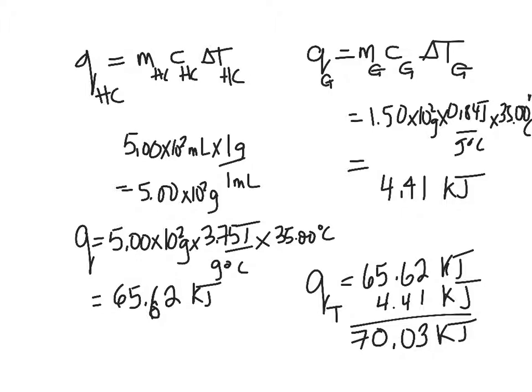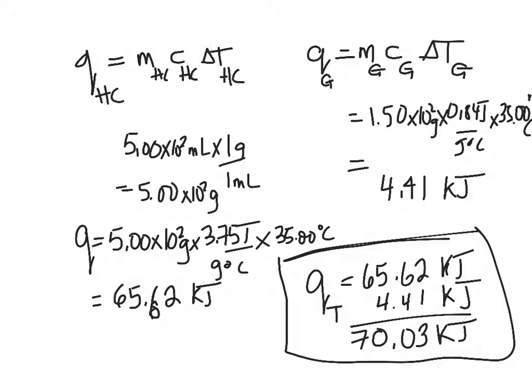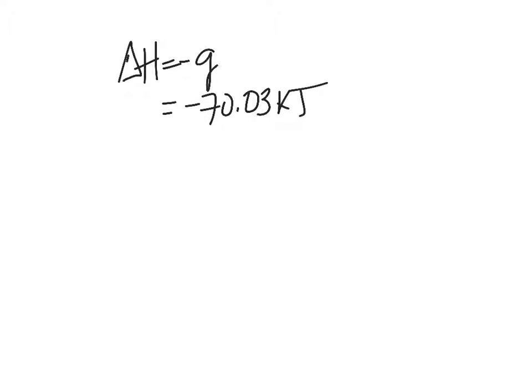So that's equal to our delta H, right? The heat was absorbed by the glass and the hot chocolate. H is equal to negative Q, so negative 70.03 kilojoules. Plug that into your number.